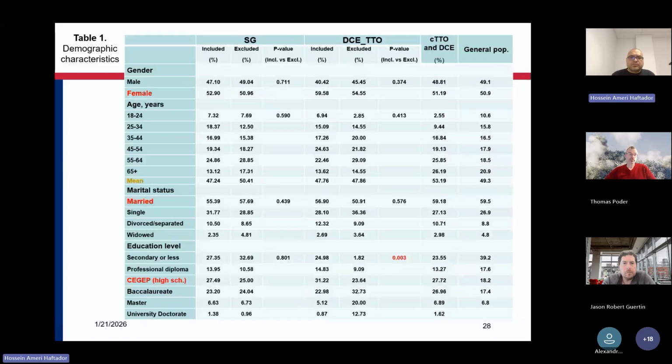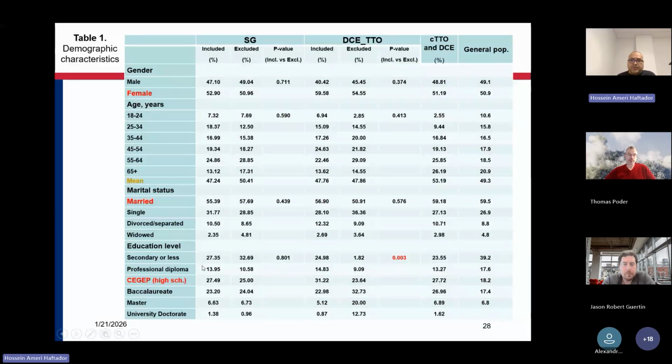Demographic characteristics show that, in general, our sample was a good representation of the general population in Quebec. For example, female was the highest frequency in our sample and the general population.